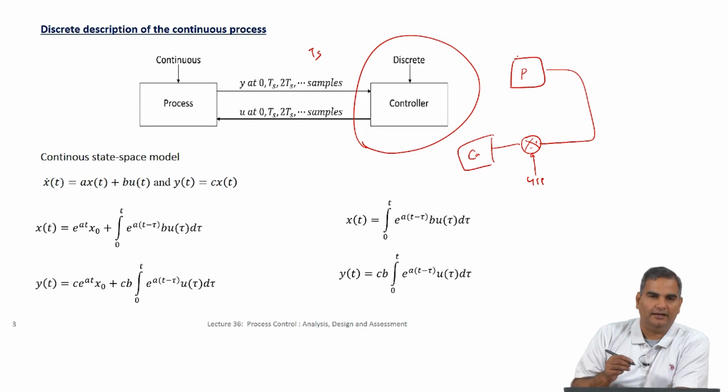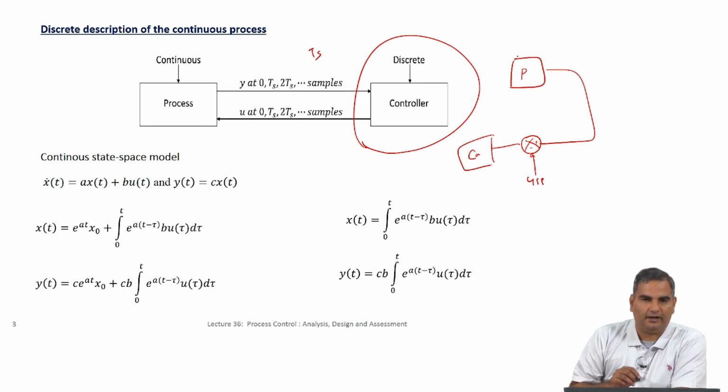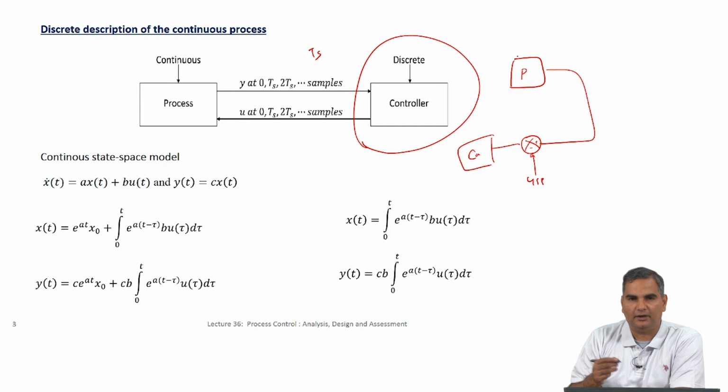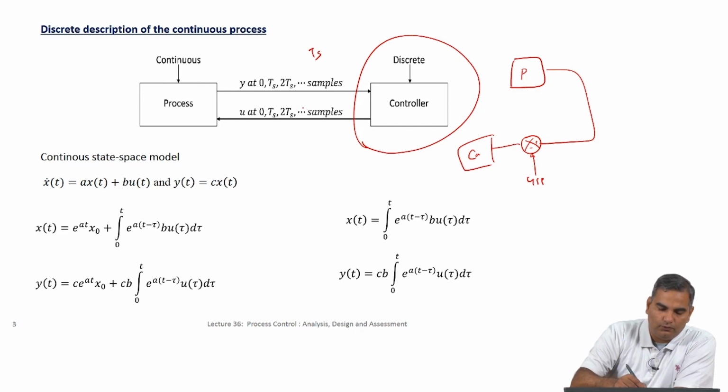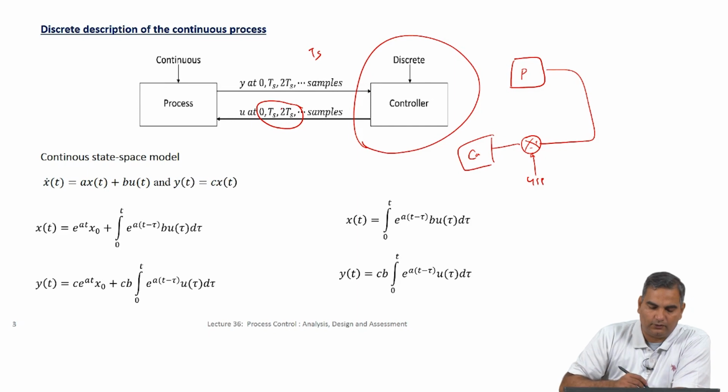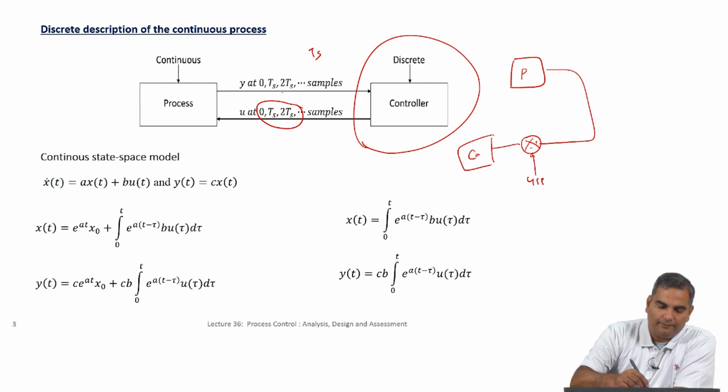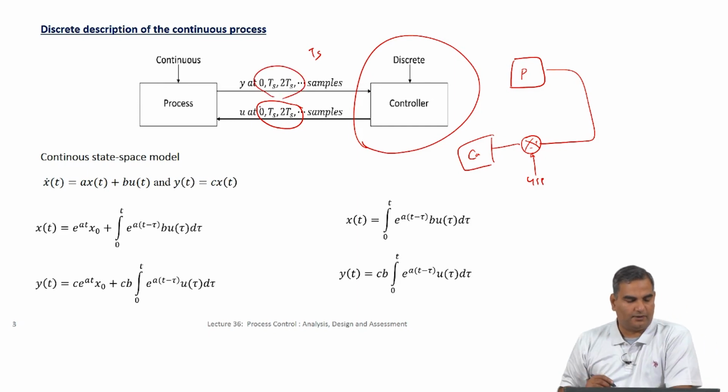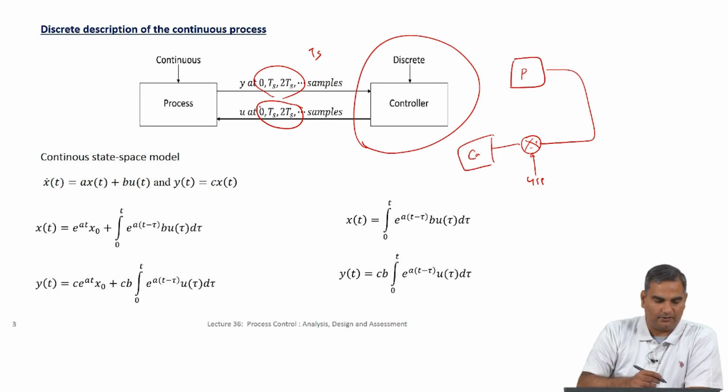If I was sitting at k, I will make a control move at k, then k plus 1, k plus 2 all the way up to k plus m minus 1. So, the control moves are also made at those sampling times, and the measurements also come in at the sampling times. However, since the process is continuous, we have done this before.